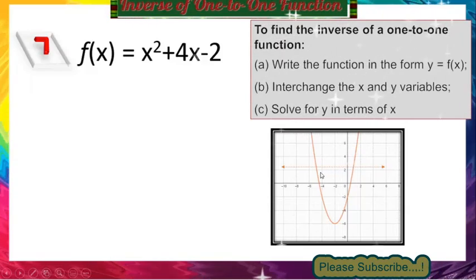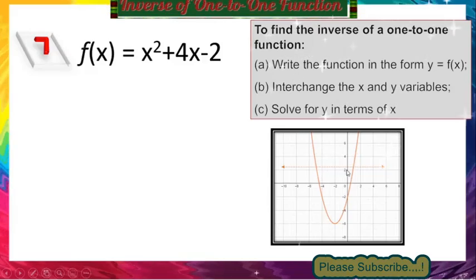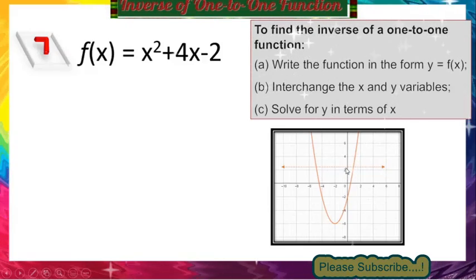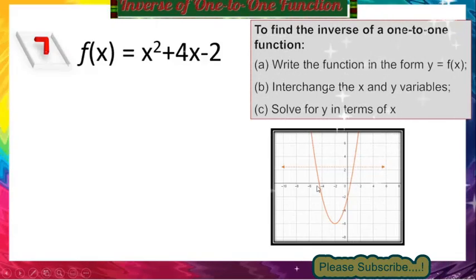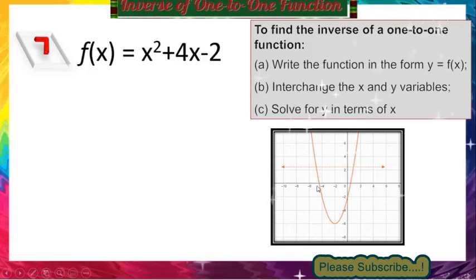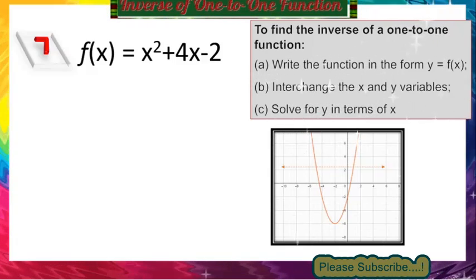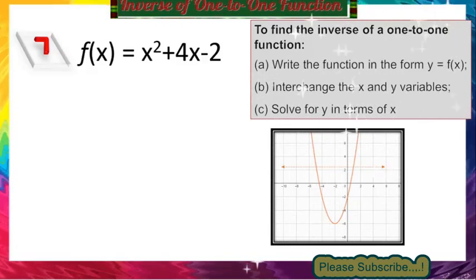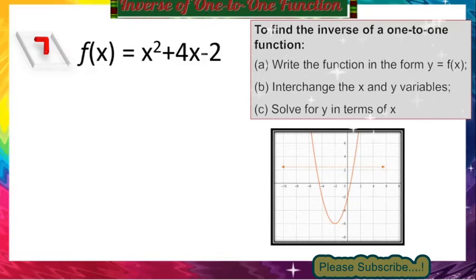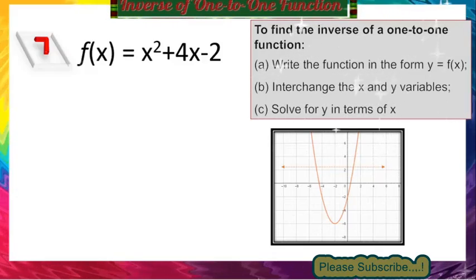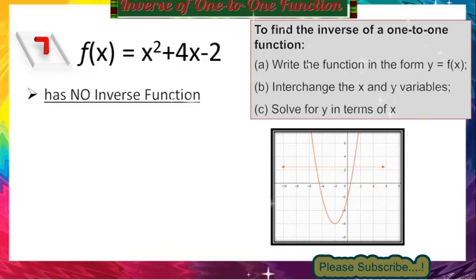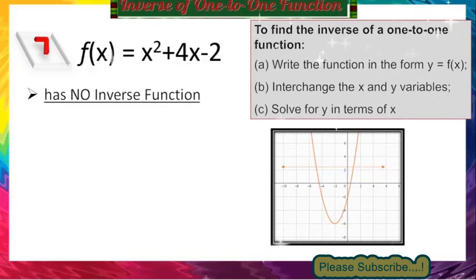This point and that point, which means that this y value has two corresponding values of x, which means that that function is not a one-to-one function. When it is not a one-to-one function, meaning there is no inverse for that. That function has no inverse function.